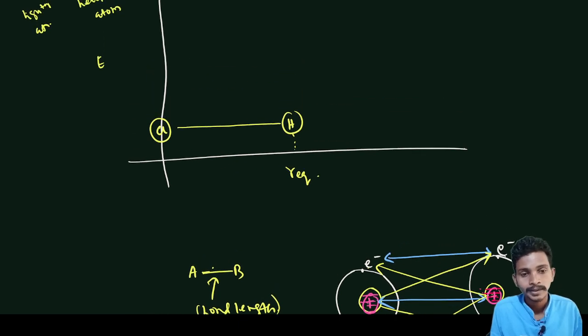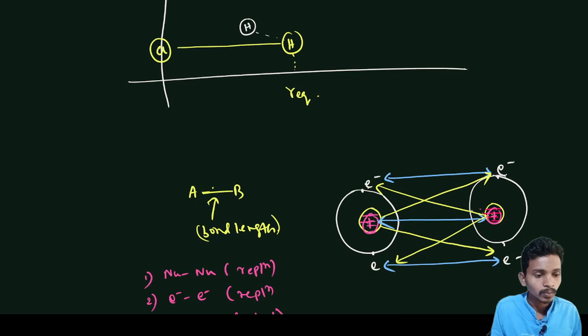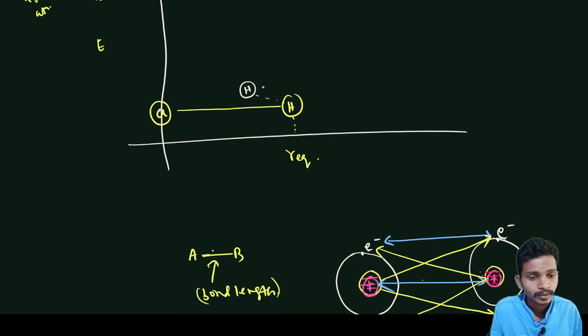Okay, so now if we pull the hydrogen towards chlorine, then what happens? The hydrogen atom comes here, and whenever you pull it nearer, due to the nucleus it gets repulsed and pushes back. So again it will go to here.